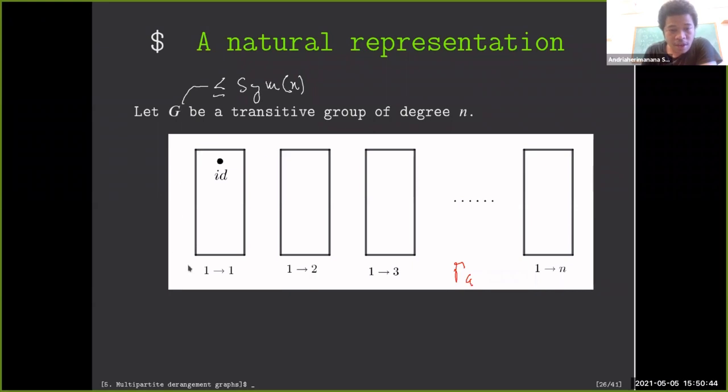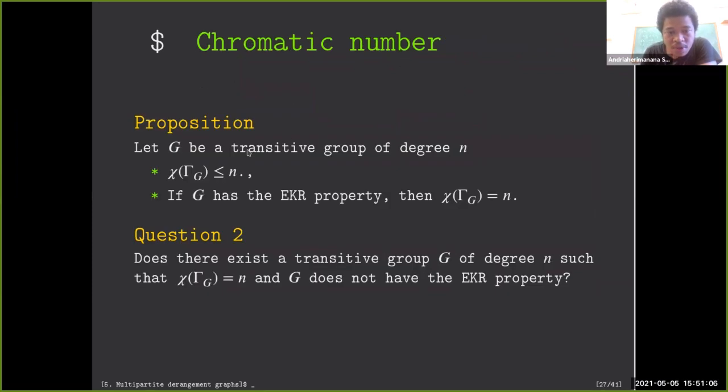I take the point stabilizer, so the elements mapping 1 to 1, and I take the cosets of that. Basically these are all co-cliques, and I can use n colors to color this derangement graph. So the next proposition is that if you have a transitive group of degree n, then the chromatic number is at most n, which is the degree.